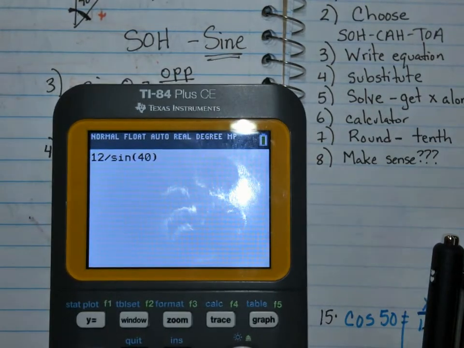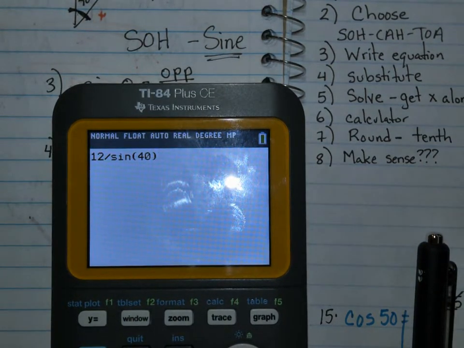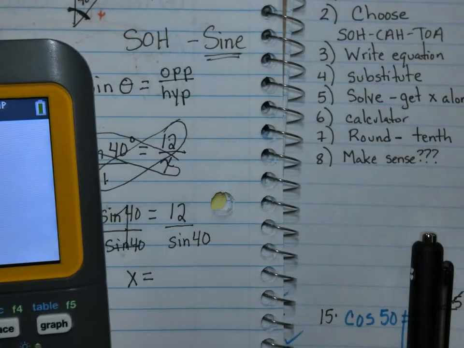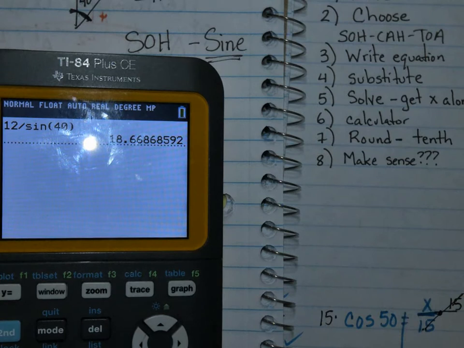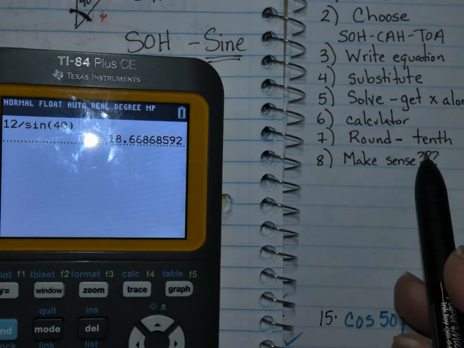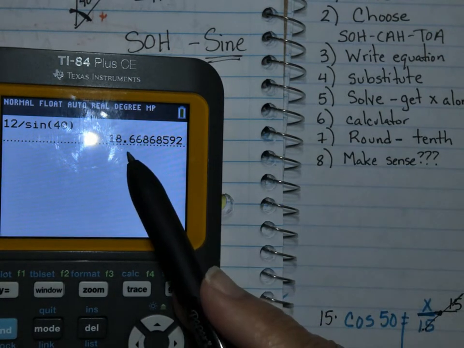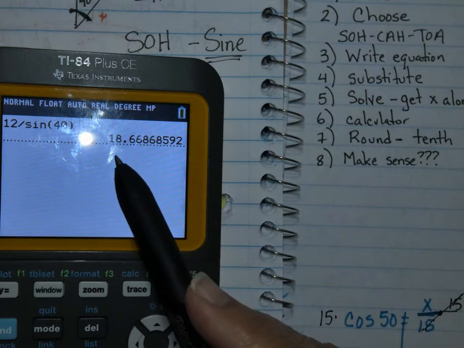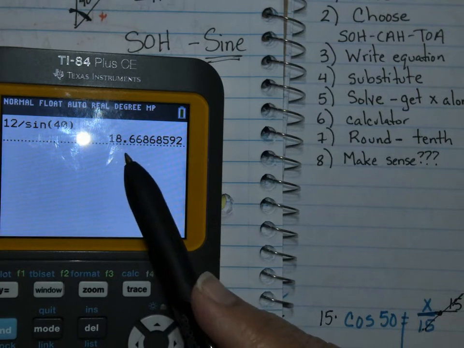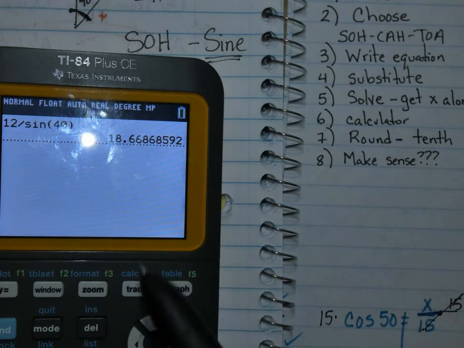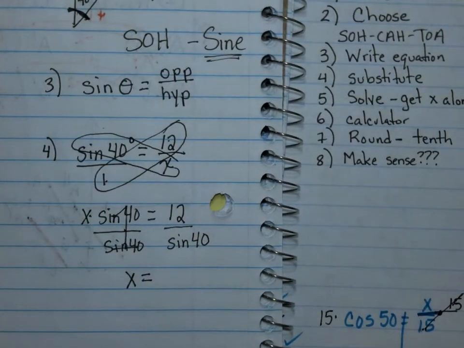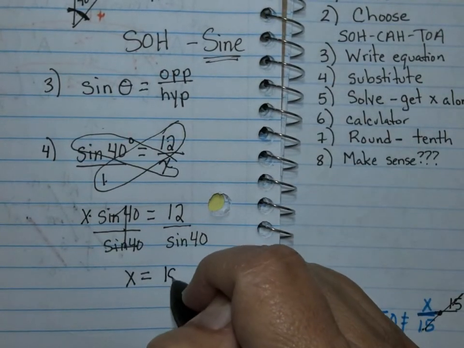I'll show you right there. 12 divided by sine 40. Then, next step, round to the 10th place. So I have to decide, is that going to be 18.6 or 18.7? Remember, you look to the right, 5 or more raise the score, so it's going to be 18.7.